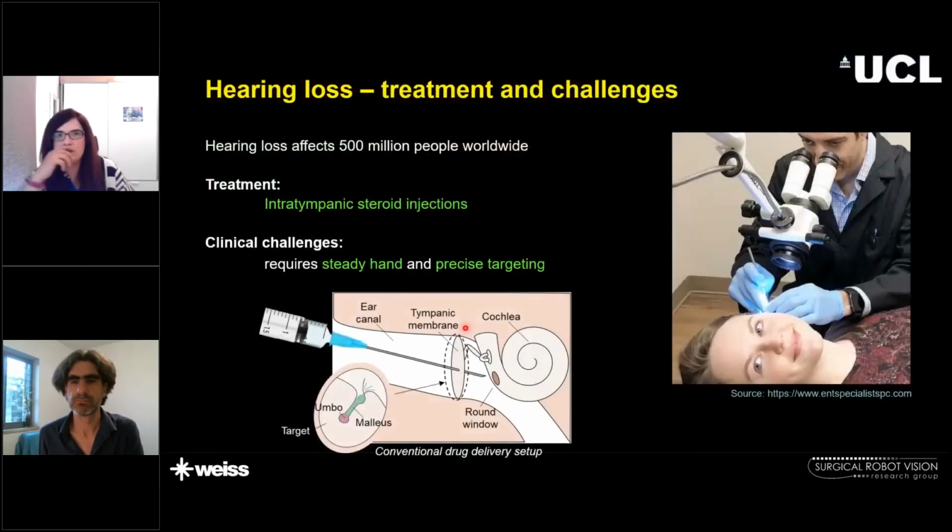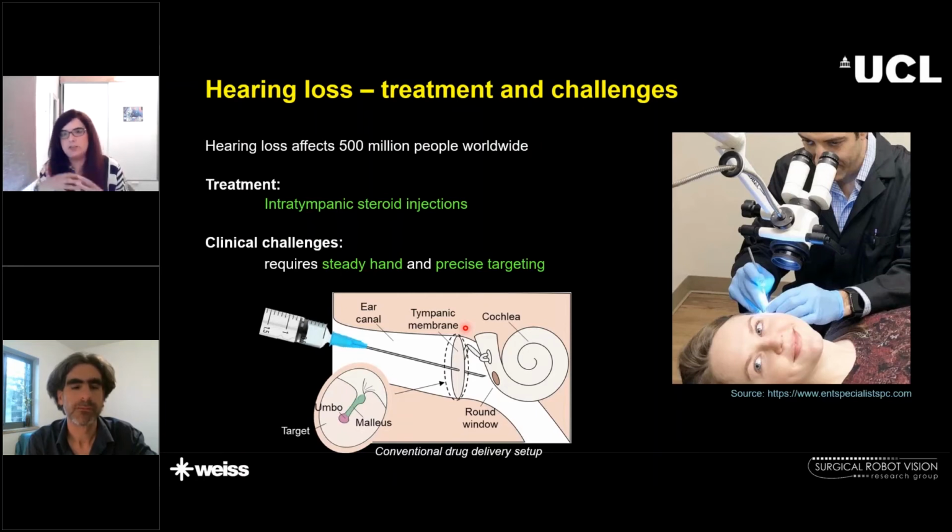And now, to give you a little bit of flavor of the kind of devices we are developing at WISE for assisting surgeons during surgical procedures, I'm going to talk about a particular miniature robot that we are designing for intratympanic steroid injection delivery. This robot will be used for drug delivery for hearing loss, which affects more than 500 million people worldwide.